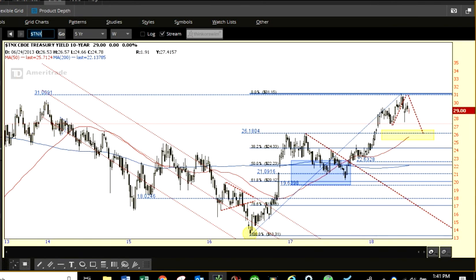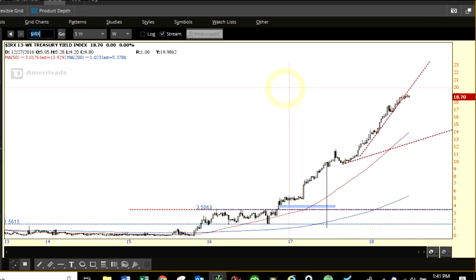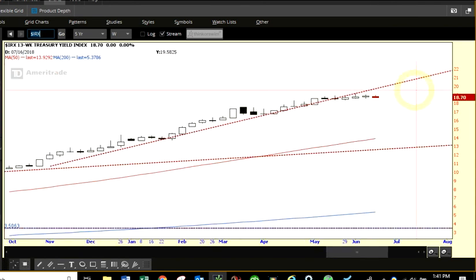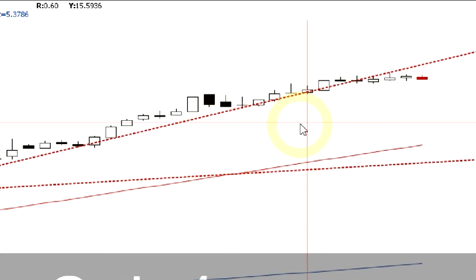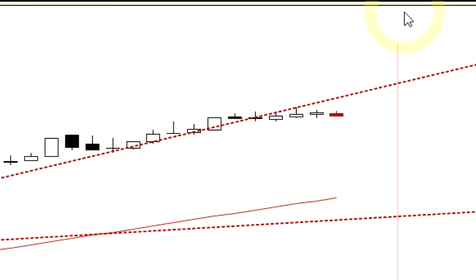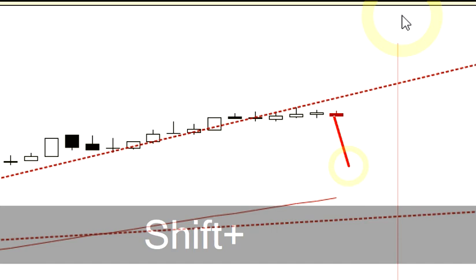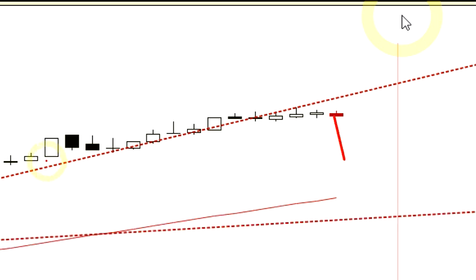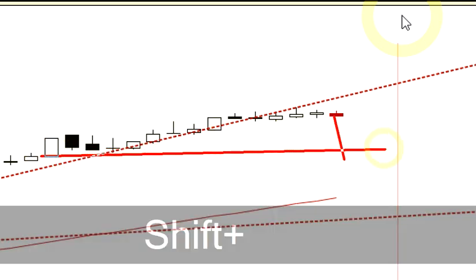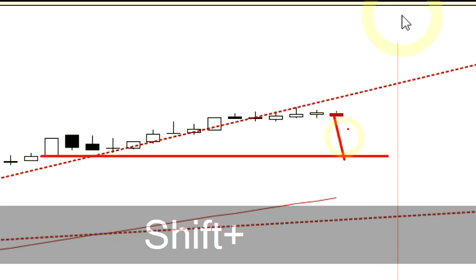Let's look at the short-term treasury. Obviously, if we're expecting a sell-off in the 10-year treasury, you're going to see some of that show up in the shorter-term treasury market, which it looks like this trend has been flirting with the end for a while. So I wouldn't be surprised to see this pull back a little bit, maybe to some level off of this support back here, before it rallies back up.